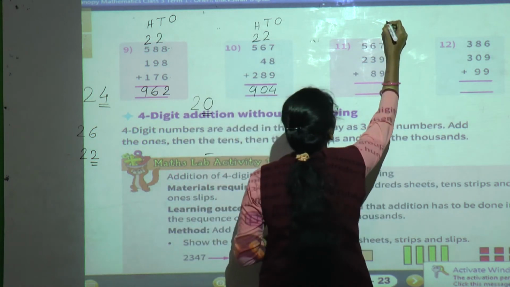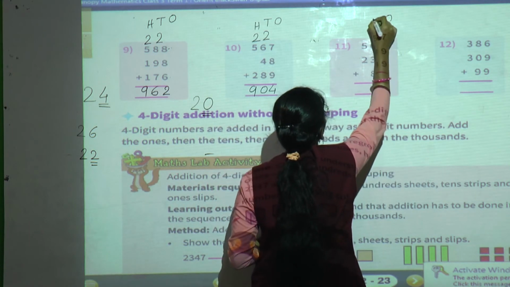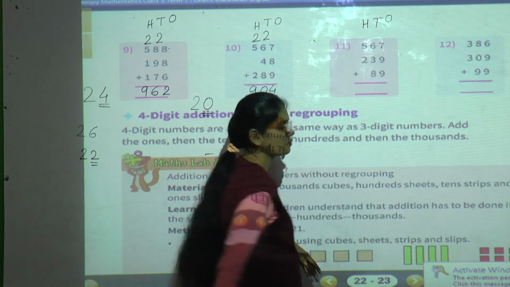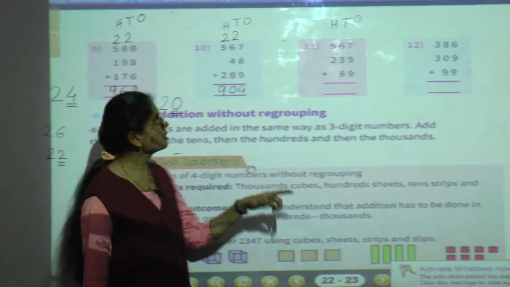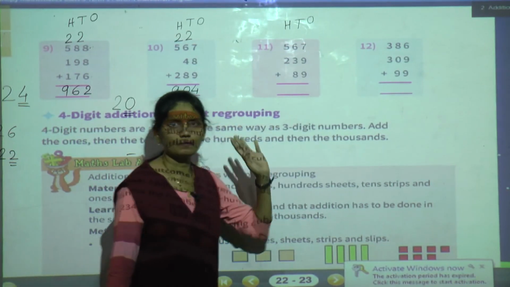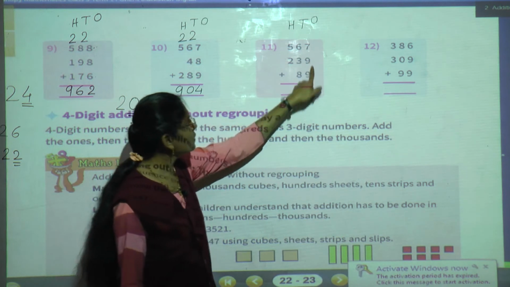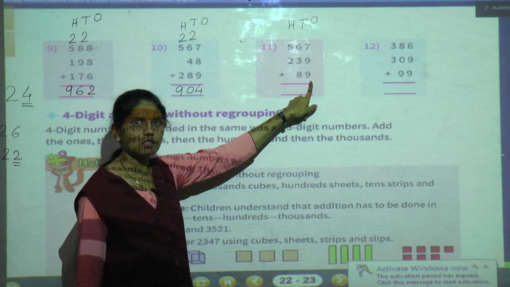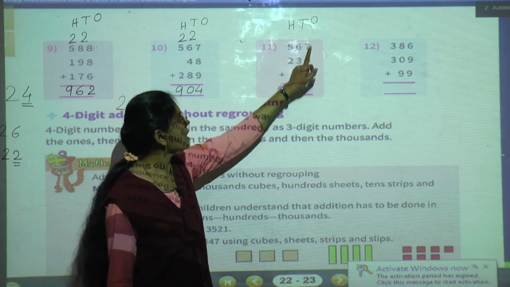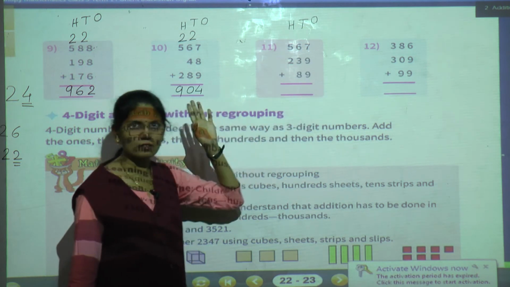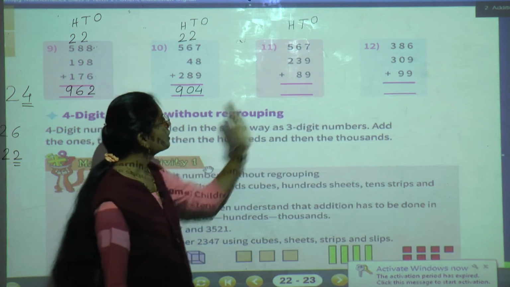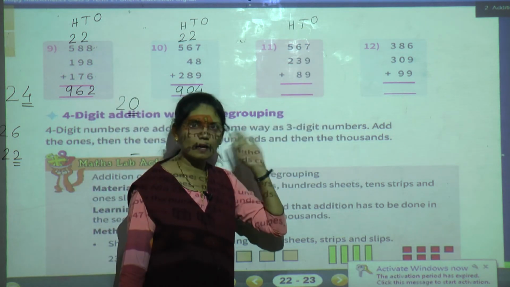So first we will write their places. Now see the ones place numbers. At ones place, which three numbers can you see? Here 7, 9, 9. These three numbers are there. Now we will add these three numbers.